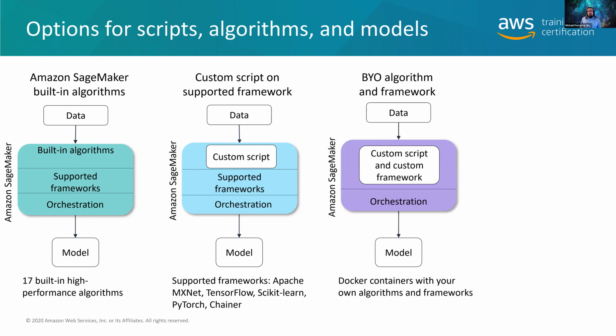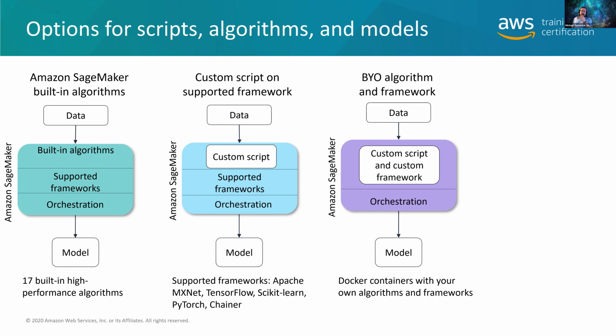You can also bring your own algorithm, right? So if you have additional functional requirements for an algorithm or a model that you developed in a framework, and your framework is so customized that it doesn't support the pre-built Docker images, then you can modify a SageMaker instance to satisfy your needs.